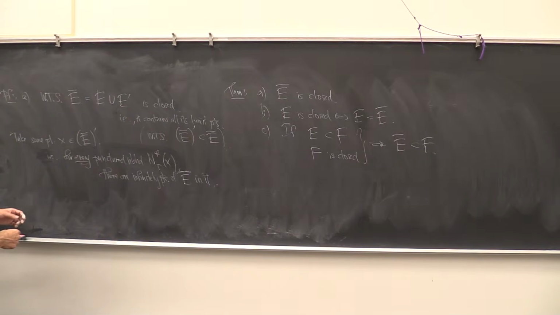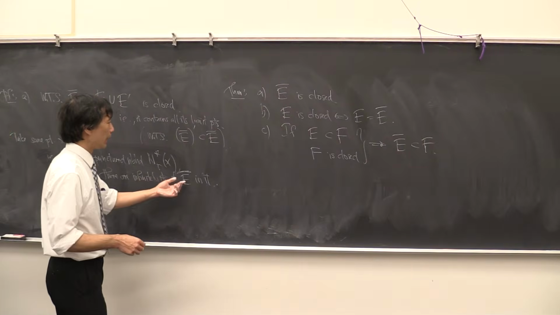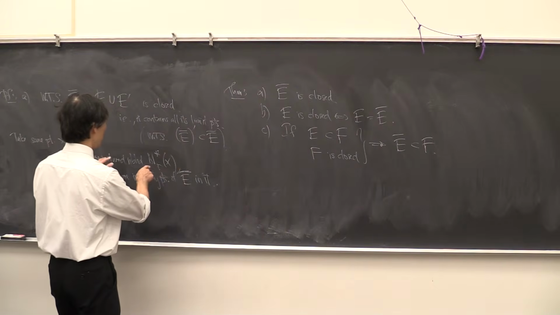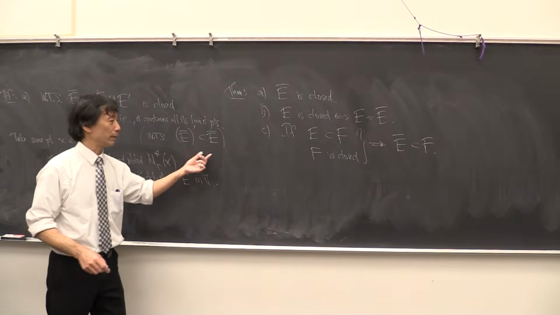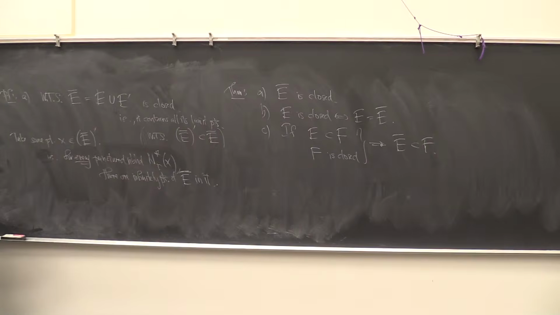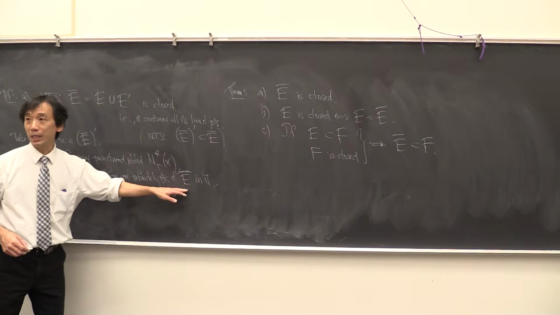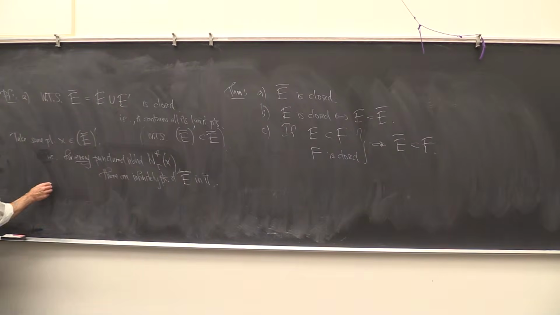Okay, and we want to show that that guy must be in E bar itself. We want to show that this forces x to be in E bar itself. There's infinitely many points of E bar in every one of your neighborhoods. Here's our guy x. Every one of your neighborhoods has infinitely many points of E bar in it. Does that force x to be in E bar itself, to be a limit point of E, right?